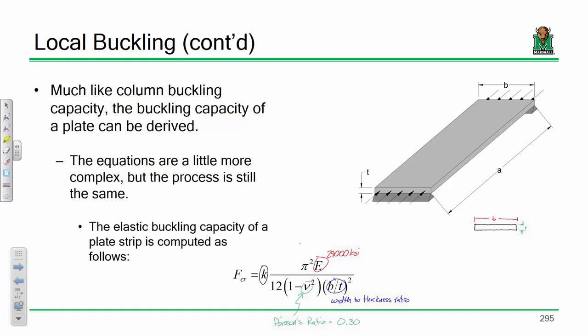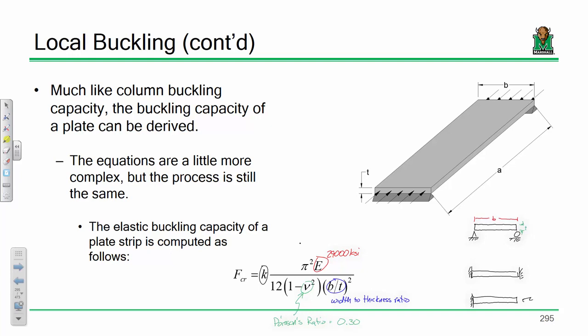So one thing that we can do is we can assume that this side is completely simply supported, and we can assume this side is completely supported. That would be one way we could do the analysis. Another way we could do the analysis is to assume maybe this side is fixed, and this side is fixed. Maybe another way of doing it is to assume that this side is fixed and this side is free and it's just allowed to do whatever.